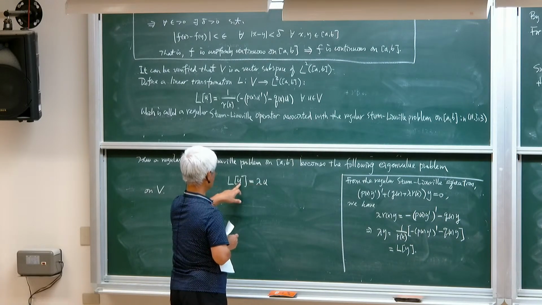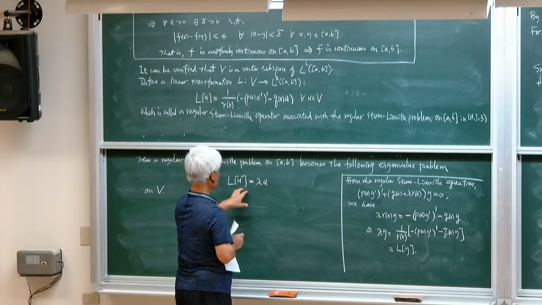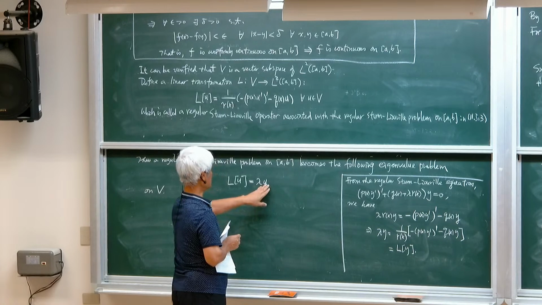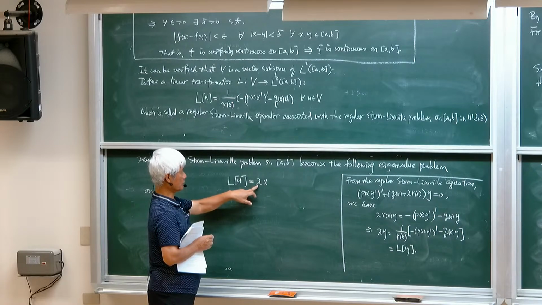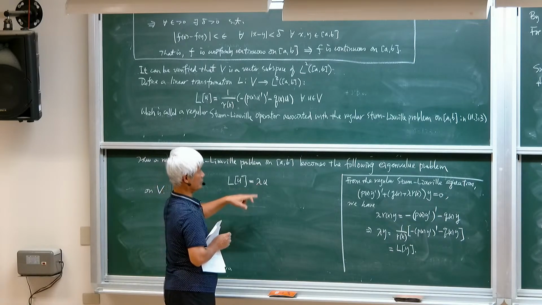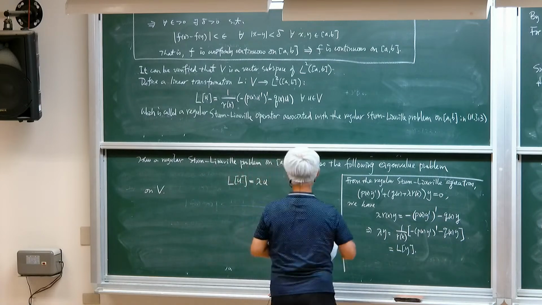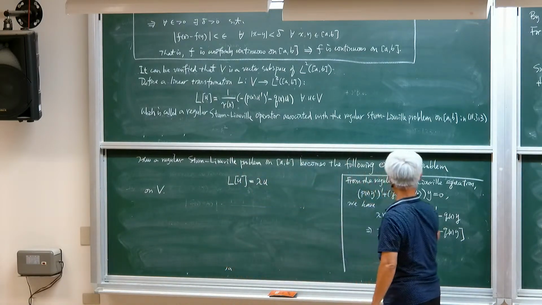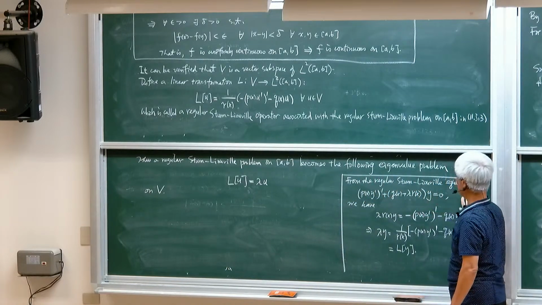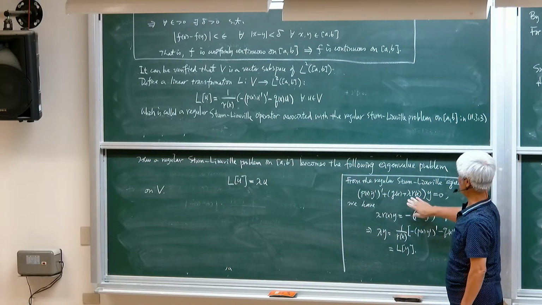We want U to be non-zero, and any such U will be called an eigenfunction, and the corresponding lambda will be called the corresponding eigenvalue. So the eigen problem is the same as the regular standard equation here.